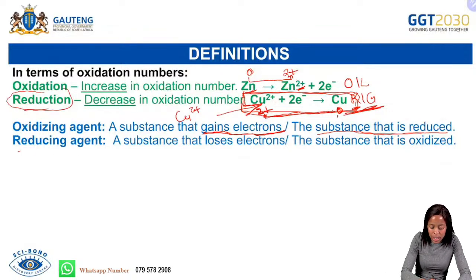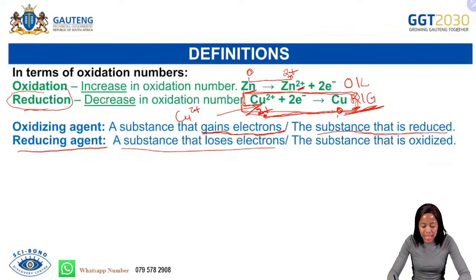Okay. Next, we have the reducing agent. Reducing agent, it says a substance that loses electrons, or the substance that is oxidized. Then this one, which one can you relate it to? A substance that loses electrons, you can relate it to OIL.